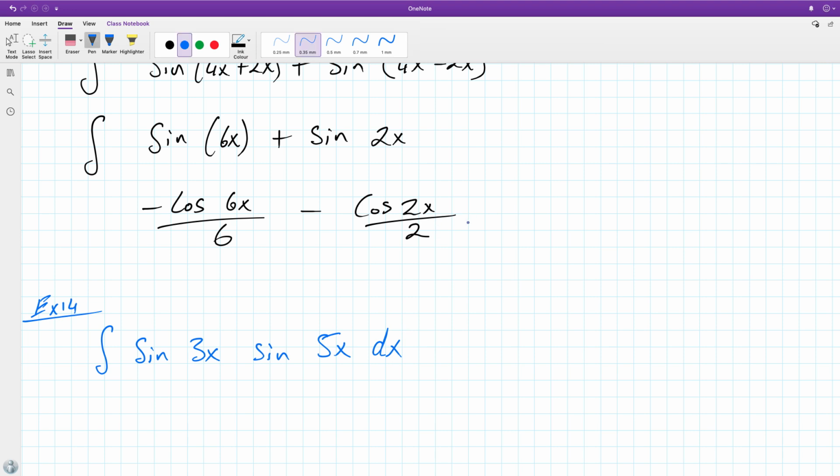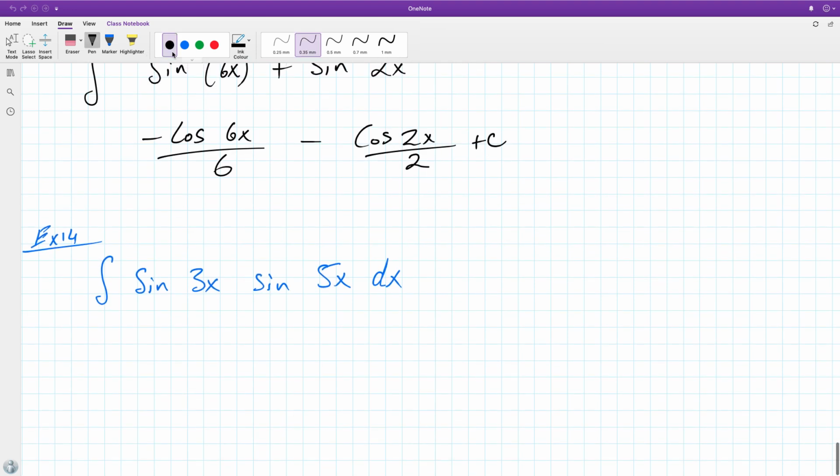Don't forget, sorry, as well, plus c on the last one, because there's no definite integral. Right, let's look at it.